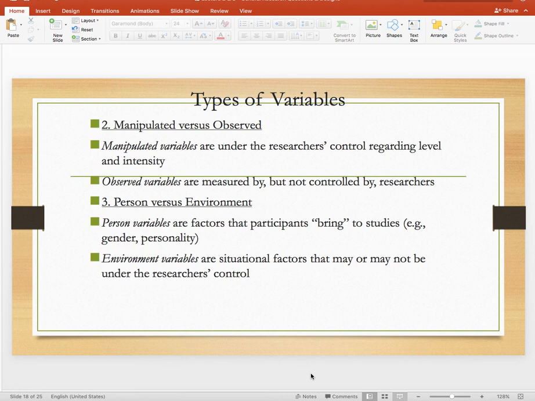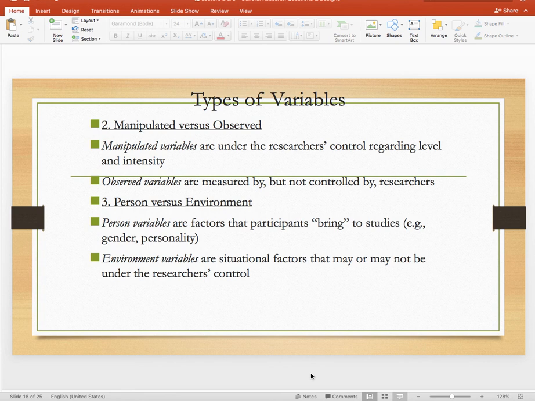And we know we can't do that, so rather what are we left with? We're left with an observed independent variable, in this particular case, being something that I can only observe in my participants, but I cannot directly manipulate, I cannot directly affect it in any way, but rather the participant just self-reports that, or I give them an assessment, and based on their assessment, I then categorize. Now, this also brings us to a very important point associated with observed variables.